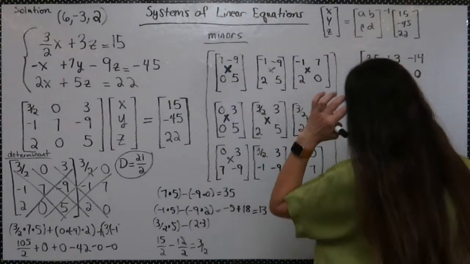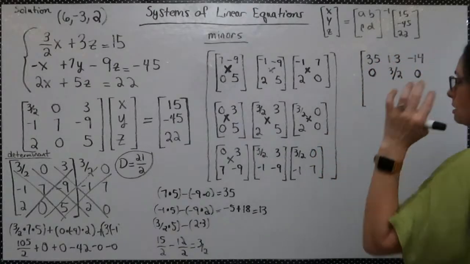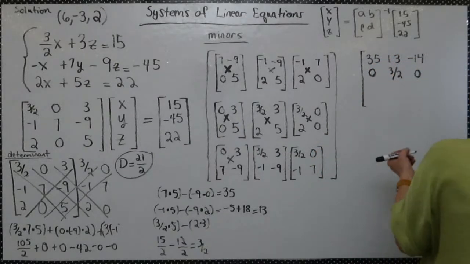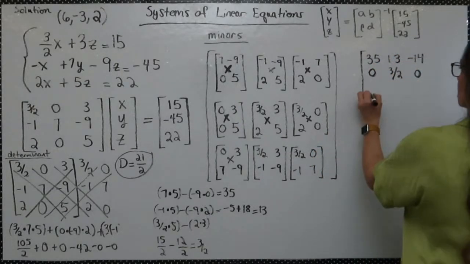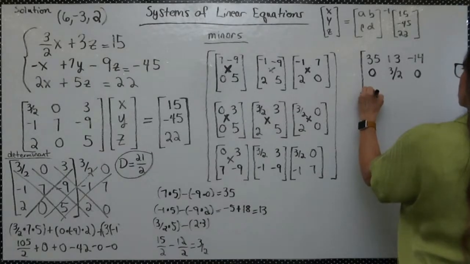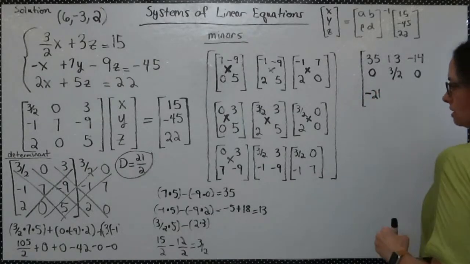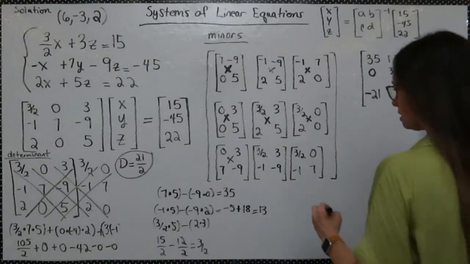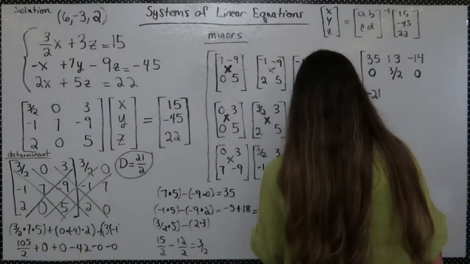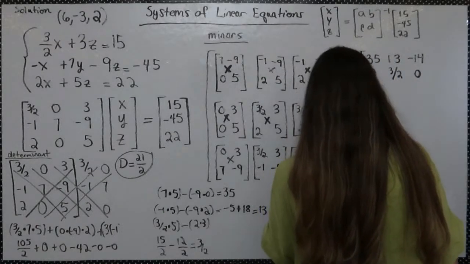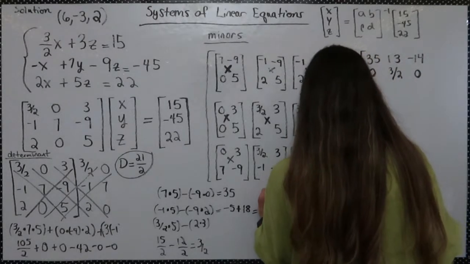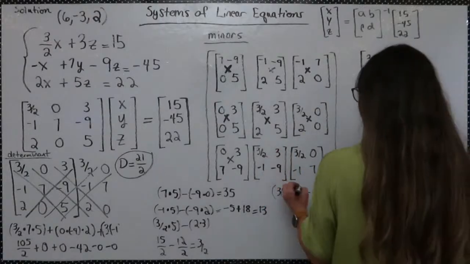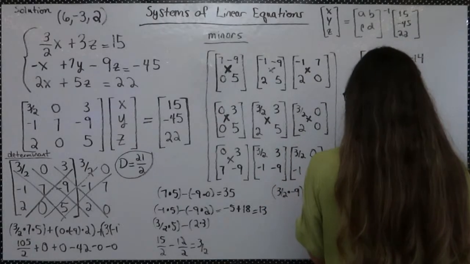Minus 7 times 3 is 21. So it looks like negative 21. And then 3 halves times negative 9 minus negative 1 times 3.